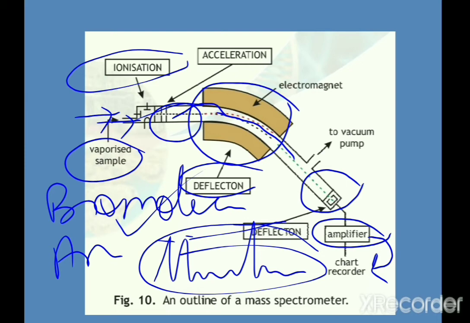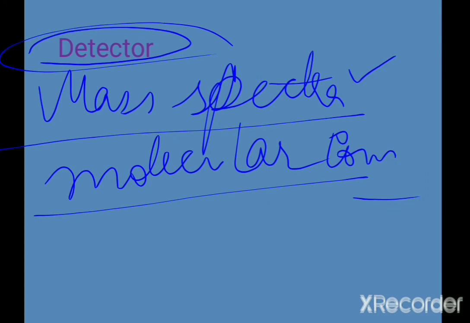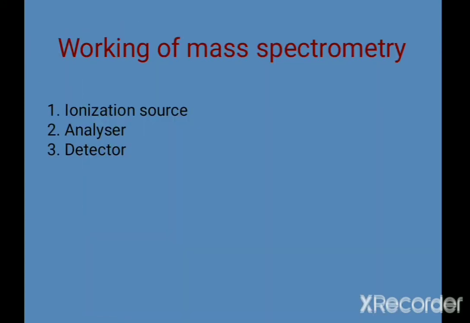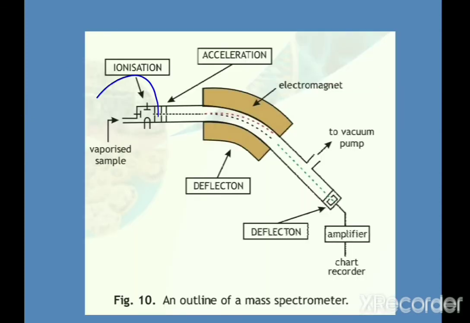So the working of mass spectrometry is dependent on the working of these three components separately. Once again, from the ionization source, the analyte molecule whose weight has to be determined is ionized, so that different masses of molecular ions are generated carrying different charges.